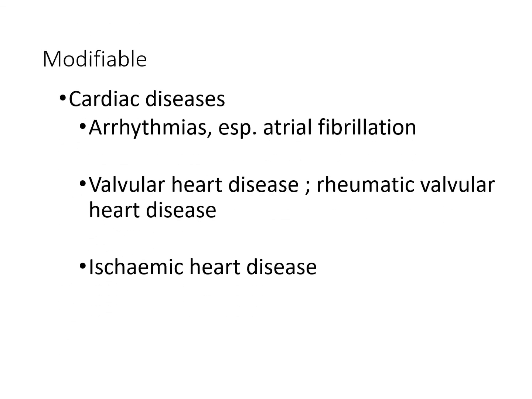Cardiac diseases, arrhythmias, especially atrial fibrillation, because these abnormal heart contractions lead to formation of clots that could dislodge and cause an embolic stroke. Same thing with rheumatic valve disease and ischemic heart disease, even in endocarditis, congestive heart disease. There is an increased likelihood of developing stroke, most likely an embolic stroke.